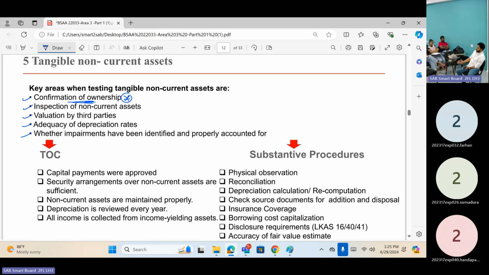So the SAP system always supports depreciation as well. So once they incur their capex, it will be capitalized, right? And depreciation calculation, recomputation. Then what you are going to do is according to the depreciation method.